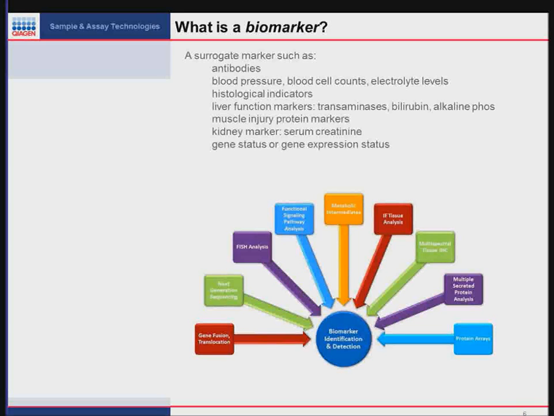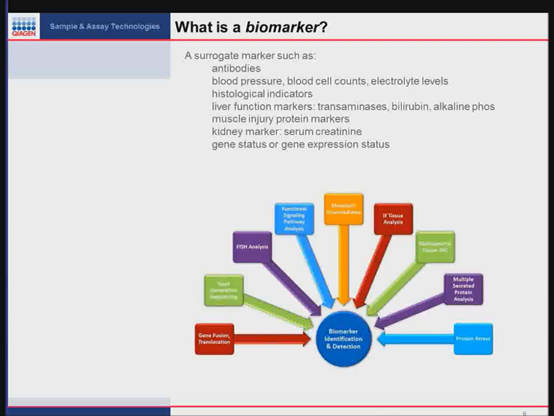And so the other word that's thrown around with biomarker is the word surrogate. So a surrogate biomarker is a biomarker where you're not actually measuring the disease, but measuring a marker of the disease. So for example, if you're looking at diabetes, you measure sugar level in the blood, and that's a proxy for diabetes.